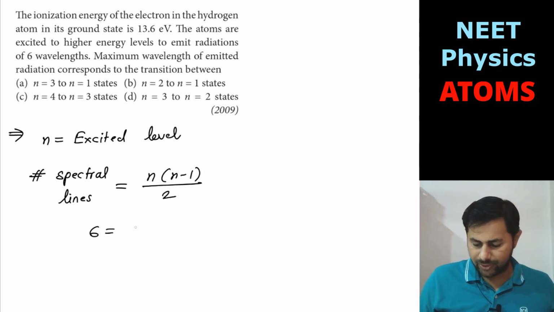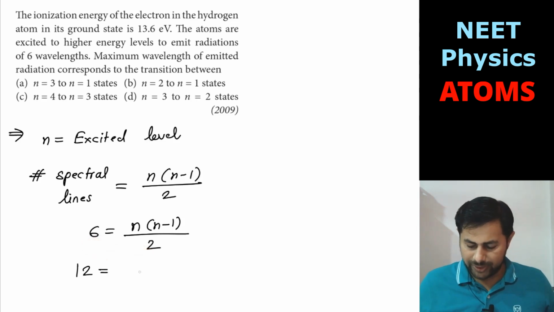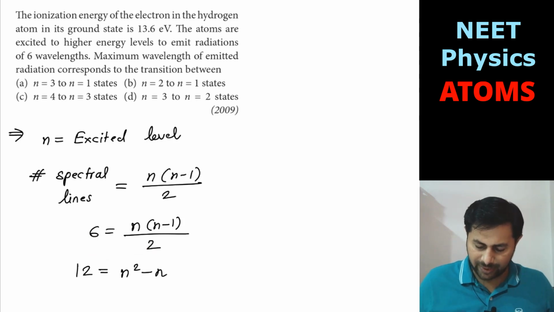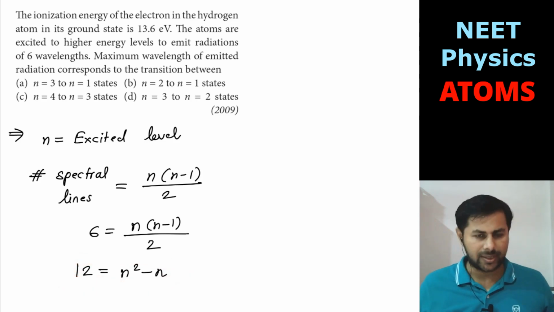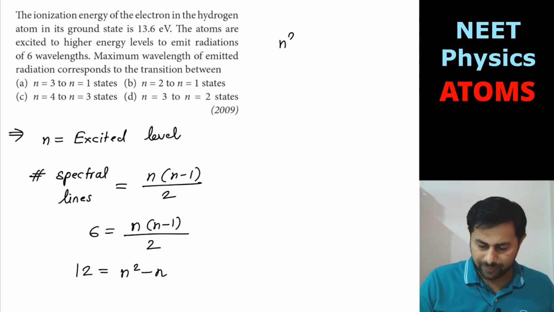So 6 is equal to n(n minus 1)/2. 6 times 2 is 12, so 12 is equal to n squared minus n. Then you need to find the solution for this quadratic equation, n squared minus n minus 12 equals 0.